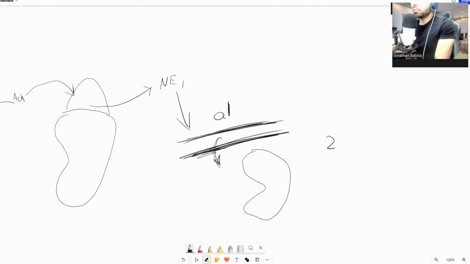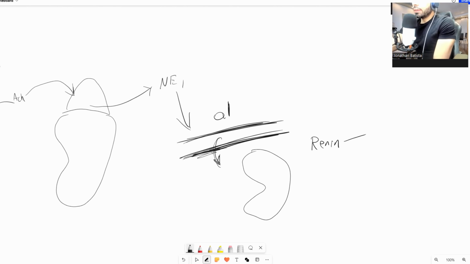Remember, I told you that 20% of blood circulation should go to the kidneys. If this is not the case, then you are going to activate the juxtaglomerular cells. This is in the macula densa, the kidneys, will activate renin.